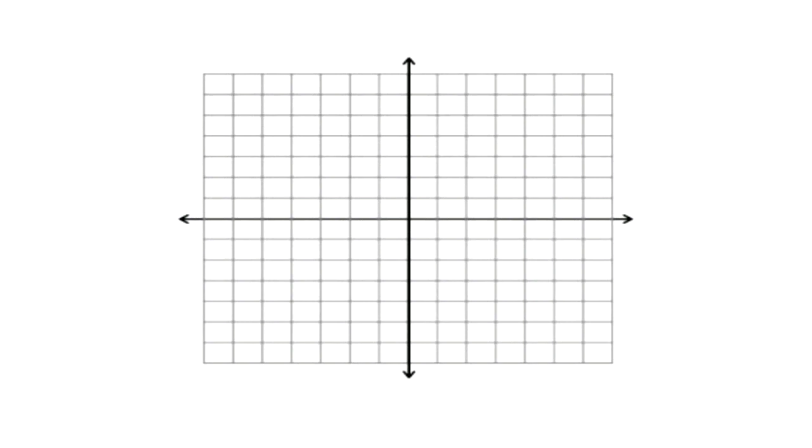So we know that increasing and decreasing, that's movement across your x axis. So it's going to be your x coordinate of your vertex.